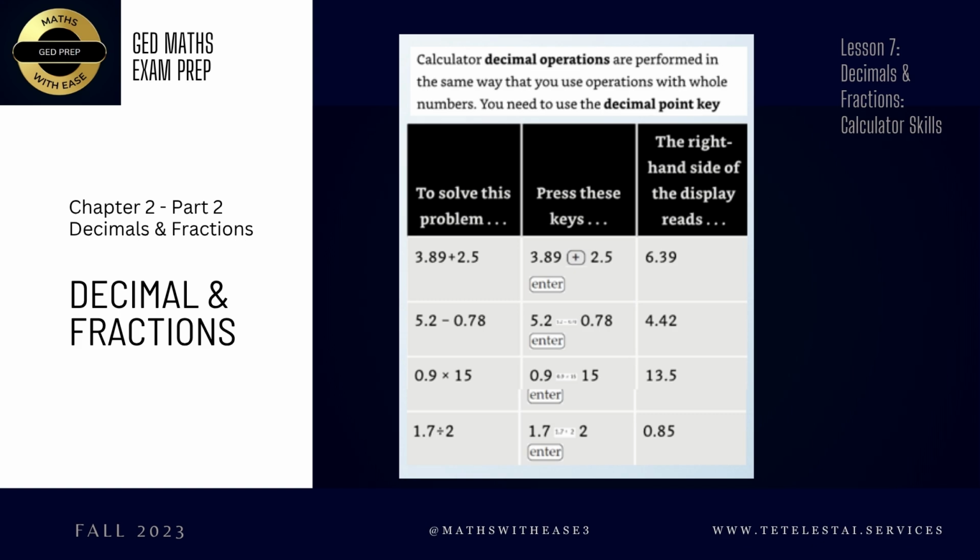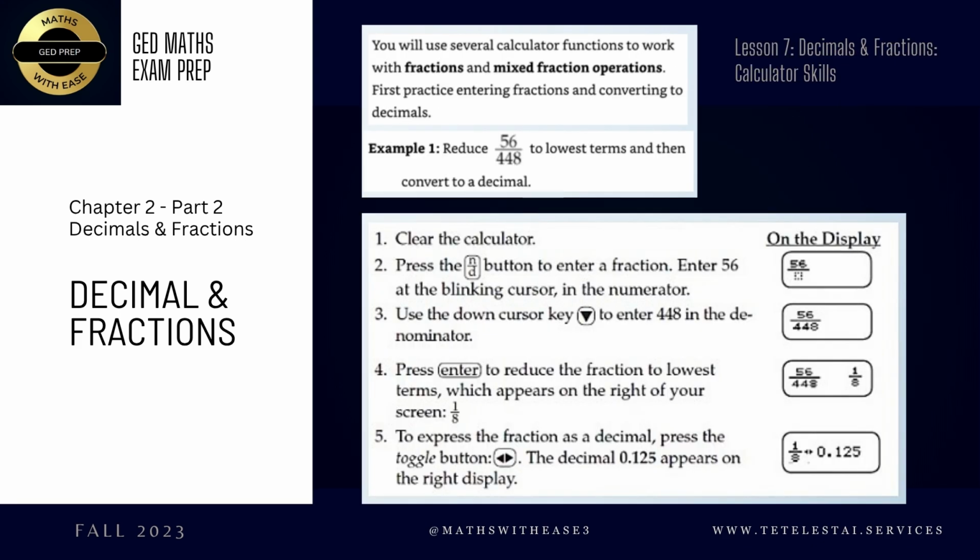And again, these are pretty straightforward. It's just a matter of you matching whatever values you see with your input keys, and then press enter. So you'll see several calculator functions to work with fractions and mixed fraction operations.